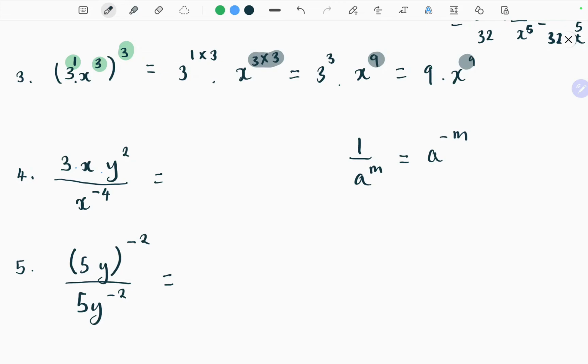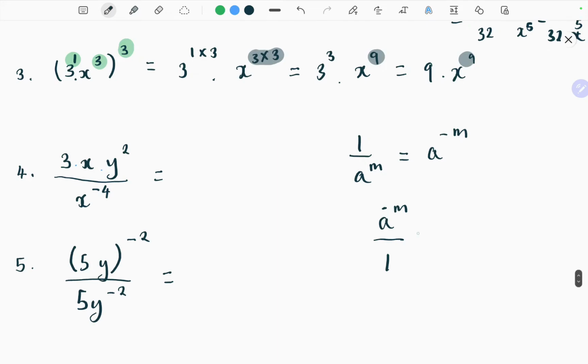And the same could be said for instance, if you have a to the power of negative m, if you bring the exponent down, the sign changes. So it becomes a to the power of m. The moment you bring the exponent down, the sign changes. If you invert the numerator and the denominator and there are powers involved, the sign of the exponent changes.